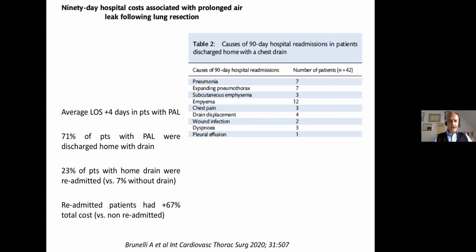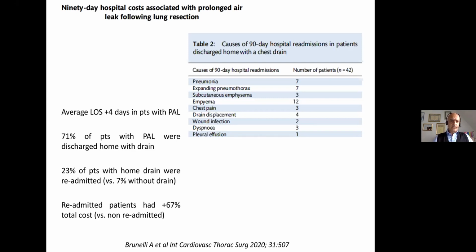Obviously, patients with prolonged air leak stay in hospital longer, and this is not always expected, because it is, for instance, our common habit to connect the drain to a portable device after 4 or 5 days, and we propose the patient go home with the chest drain.